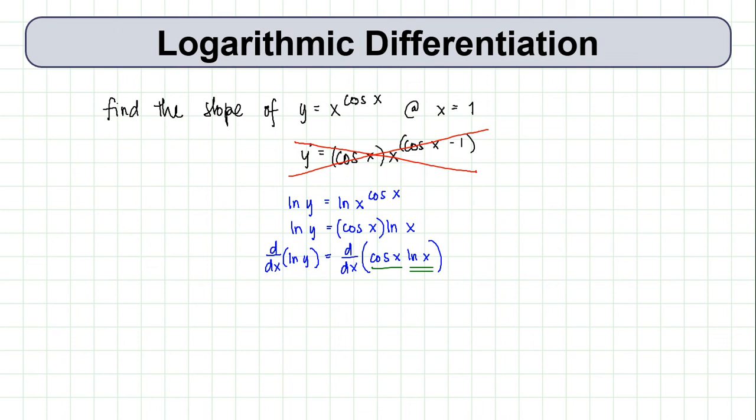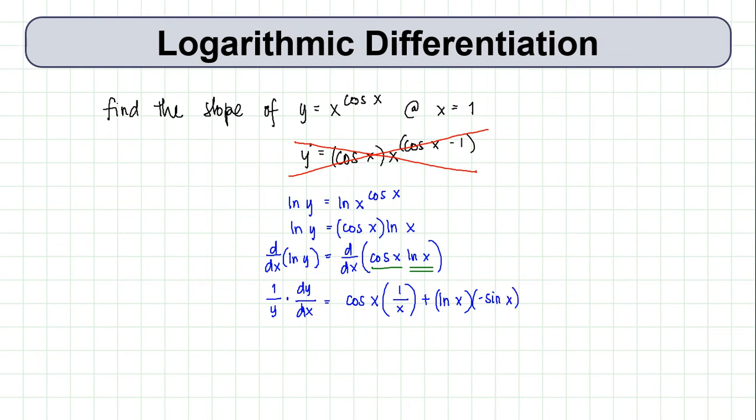So ano ang derivative ng ln y? It is 1 over y times the derivative of y with respect to x, di ba? Is equal to, kukunin natin yung derivative natin dalawa. First function, cosine of x times the derivative ng ln ng x, which is 1 over x, plus ln of x times the derivative of cosine x, it is negative sine of x.